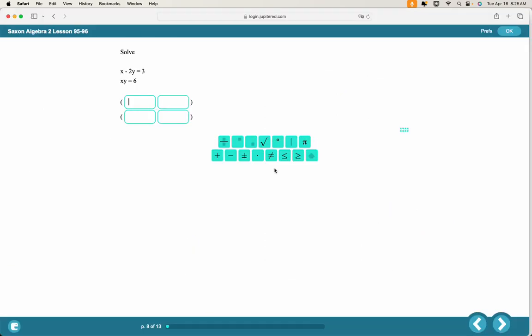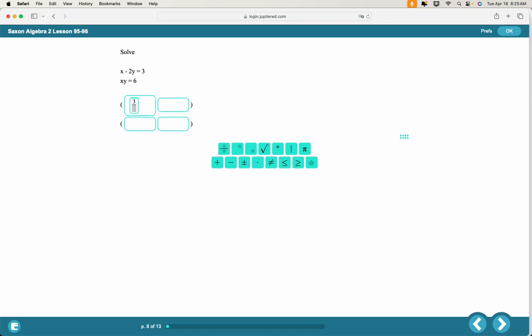Let's go back over here. We'll put that in. We've got 3 over 2 plus square root of 57 over 2, and then we've got negative 3 over 4 plus square root of 57 over 4.